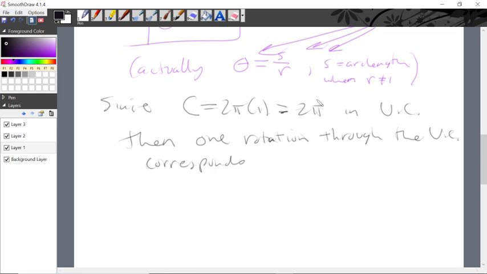Now, circumference is a distance, right? We're saying that if the distance around the circle is 2 pi, then one rotation through the unit circle corresponds to where theta would equal 2 pi radians.